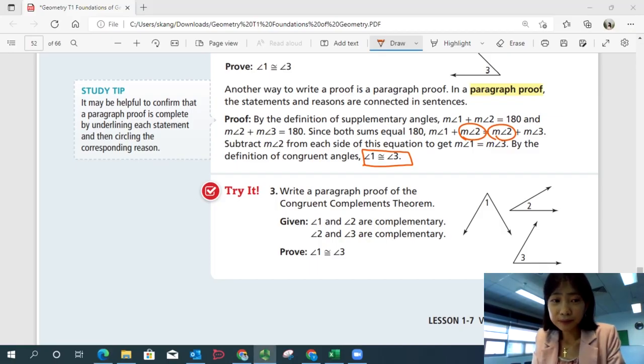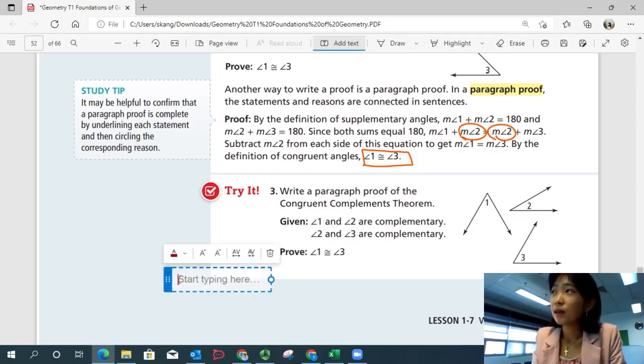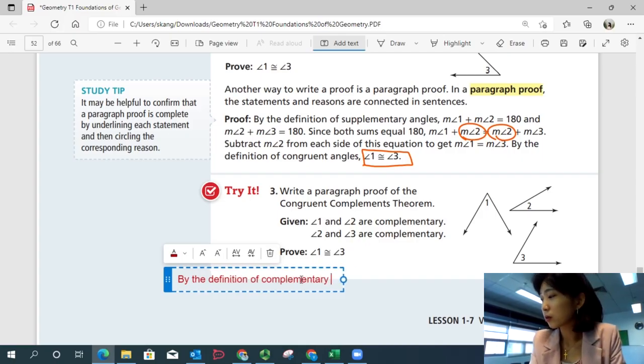Okay, are you ready? How are you going to start? By the definition of supplementary, we don't have supplementary angles here, so we're going to start with the complementary angles. Yeah, by the definition of complementary angles.